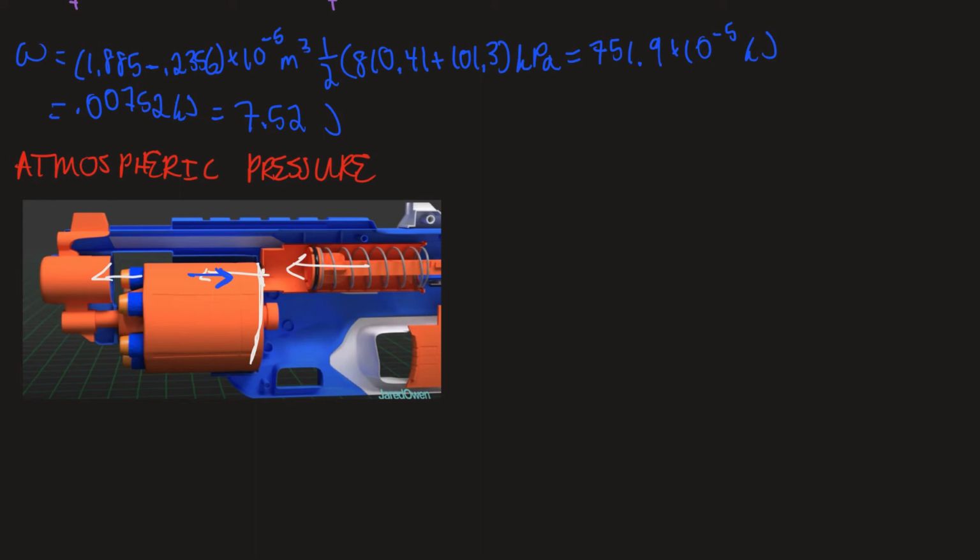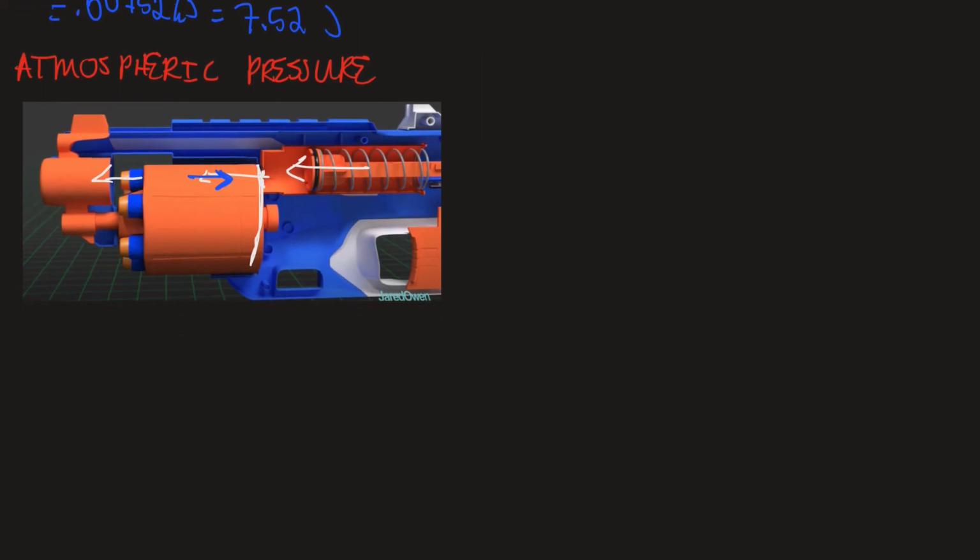So we have to readjust our calculation to get what's called the useful work. And the useful work essentially just takes into consideration the work done against the atmosphere. So we have that same initial volume minus final volume, and we also have still that final pressure plus initial pressure over 2, but we also need to subtract that atmospheric pressure.